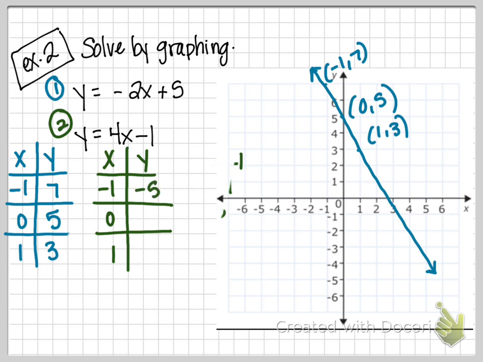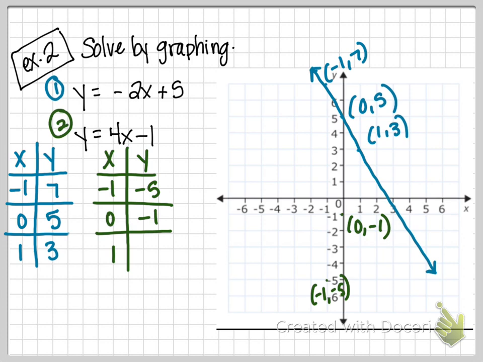So my first point that I can graph is down here at -1, -5. Then if I plug in 0, I get 4 times 0 minus 1, which is 0 minus 1, so -1. So my second ordered pair is 0, -1.